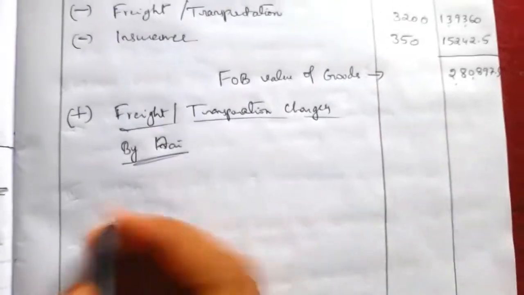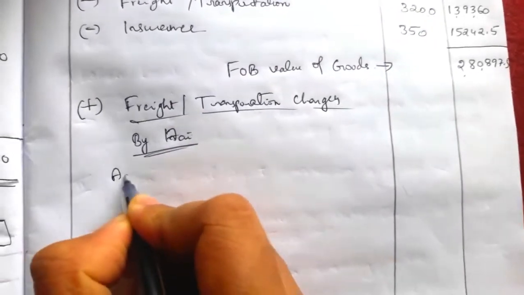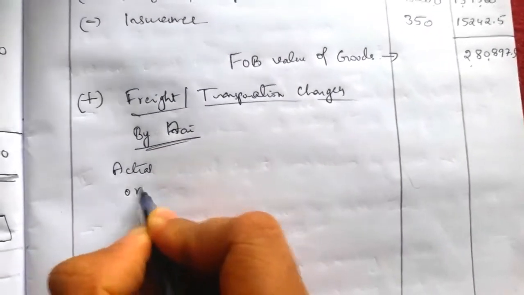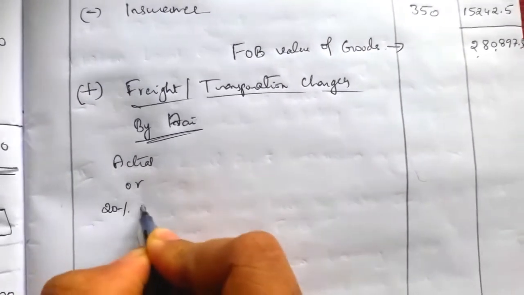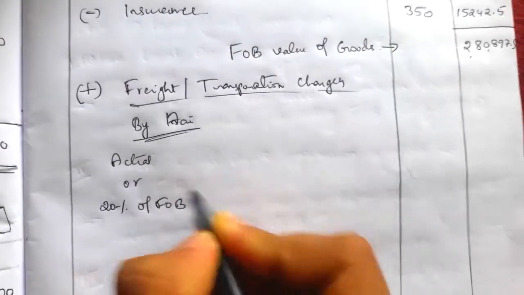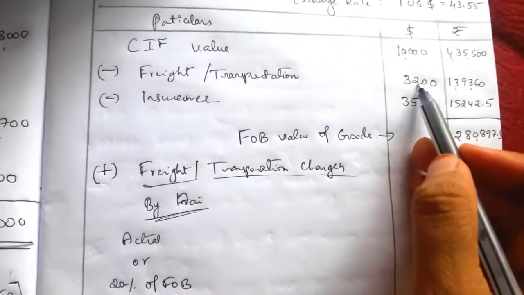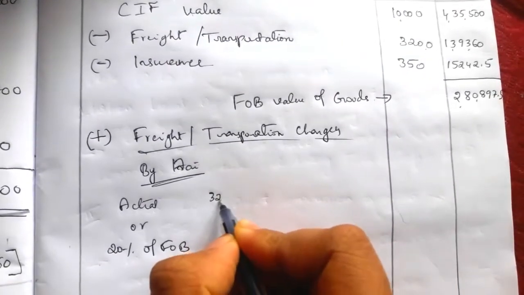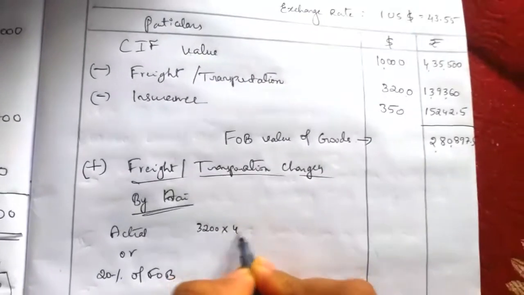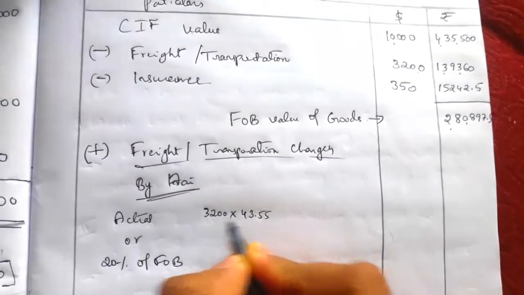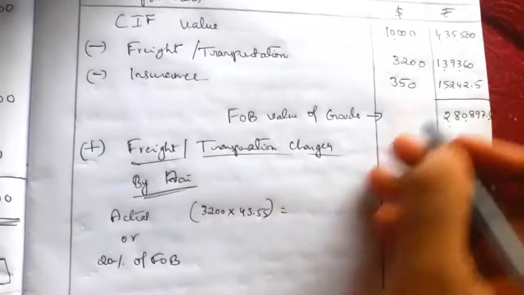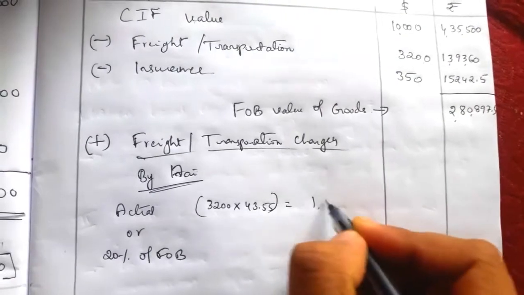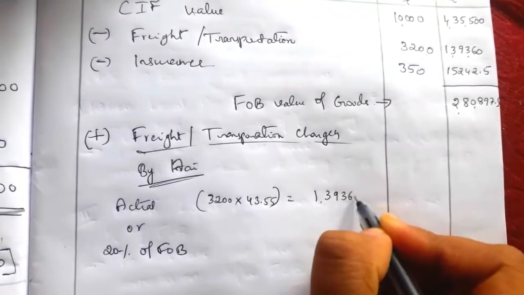So what is the condition for freight? Actual or 20% of FOB we have to take. So actual, how much? Actual freight is 3,200, so that is 3,200 into 43.55, which we have already calculated, equal to 1,39,360.